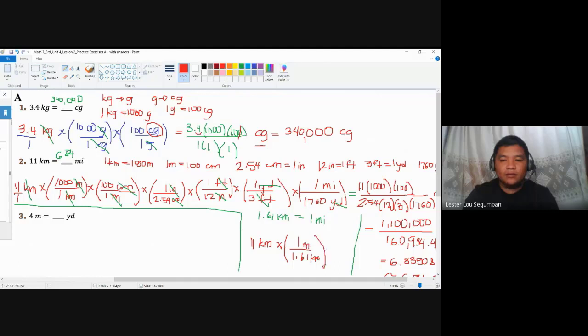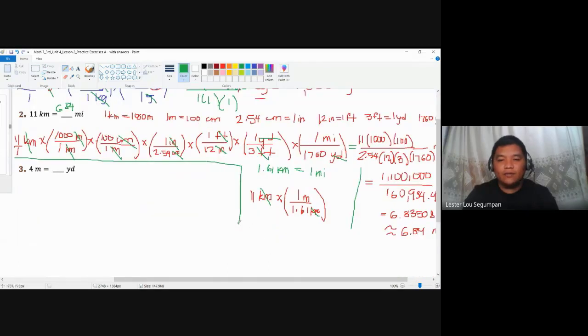We can cancel this out, and you will only have 11 times 1 over 1.61, and you have miles. If we compute that, you will get 6.83, rounded off to two decimal places, approximately.